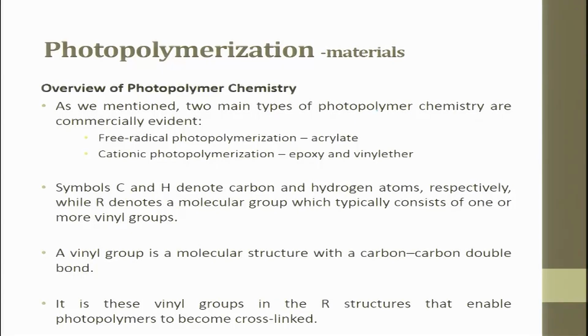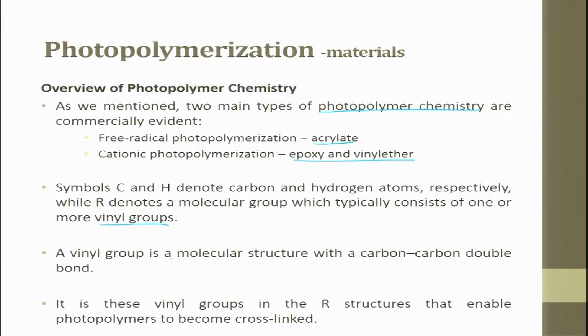Two main types of photopolymer chemistry are commercially evident. Free radical photopolymerization, which is nothing but an acrylate. Cation photopolymerization, which is epoxy and vinyl ether. The symbols C and H denote carbon and hydrogen atoms respectively, while R denotes a molecular group which typically consists of one or more vinyl groups.